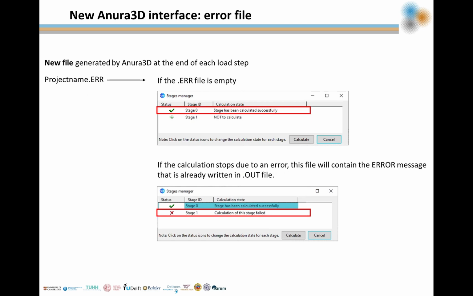If the ERR file contains a message, it means there is an issue. If the ERR file is empty, no errors were encountered, which simplifies troubleshooting and debugging of the problem.